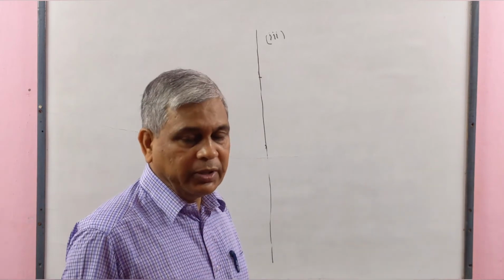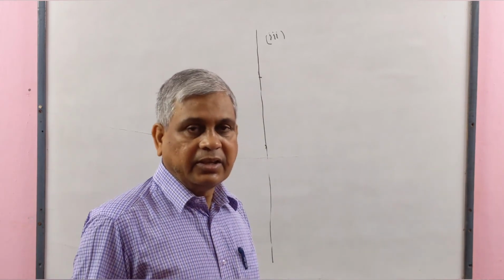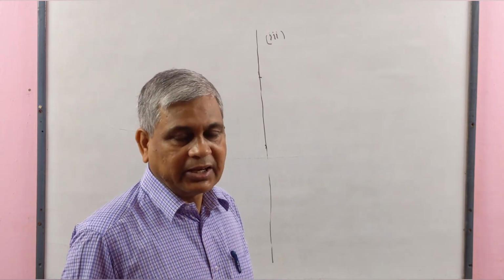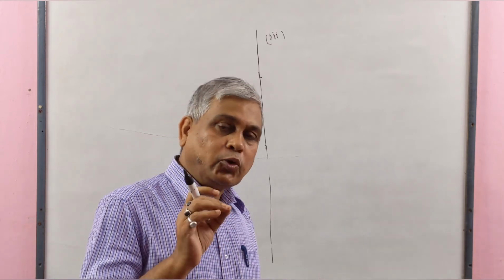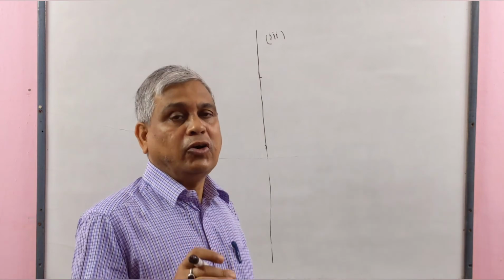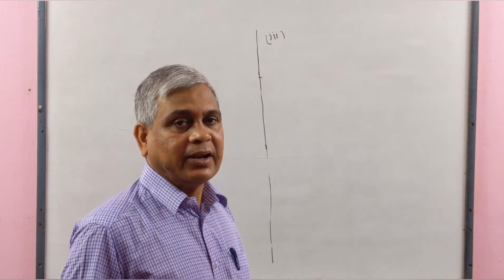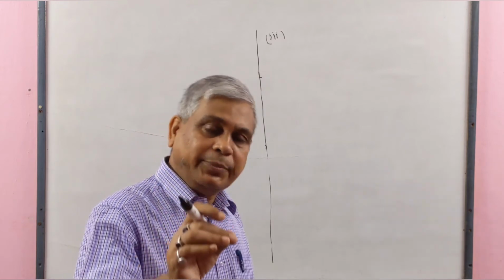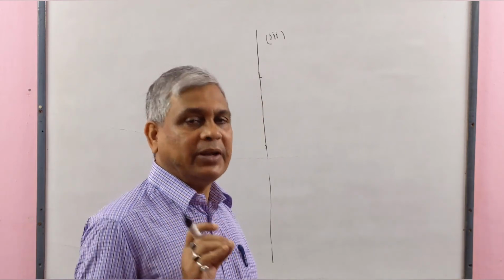Now we solve number 3. In number 3, we have to show that the fourth power of any integer is of the form 5k or 5k plus 1.